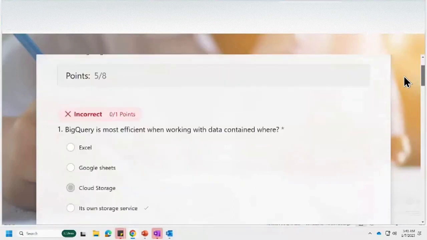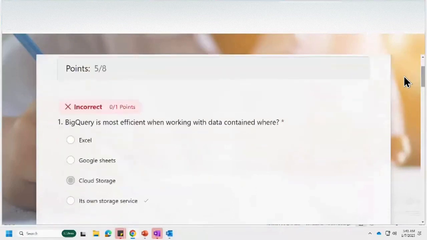Oh, I think ChatGPT was wrong somewhere as well. Own storage service. Hmm.